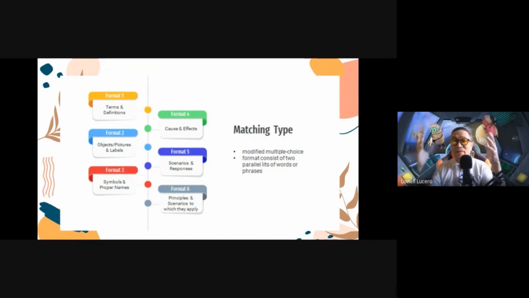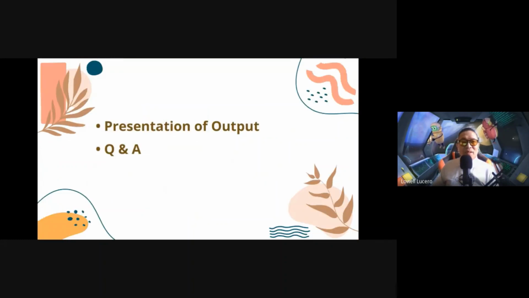They are about remembering, memorization of concepts. Whereas multiple choice can measure both lower and higher thinking skills. So it is flexible.